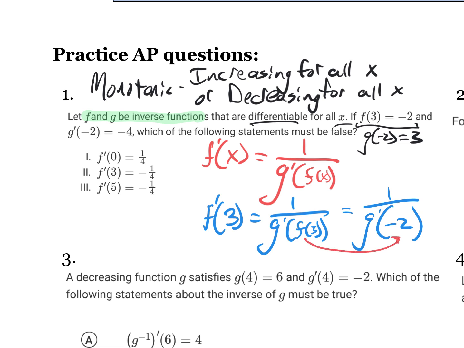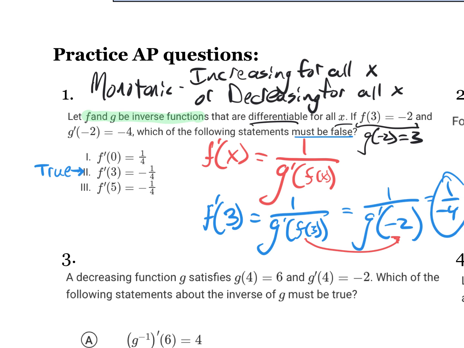Well, do we know the derivative of g at negative 2? We sure do. It is negative 4. So this is 1 over negative 4, also known as negative 1/4. So we know that this number 2 here is true. All right, now the question asks which one must be false. Here's where this question gets pretty tricky.